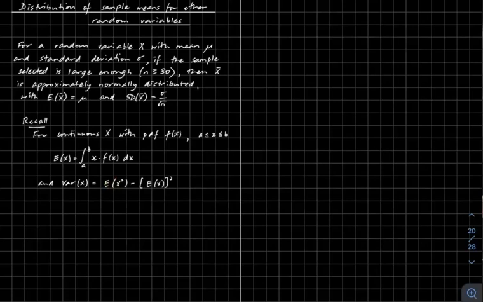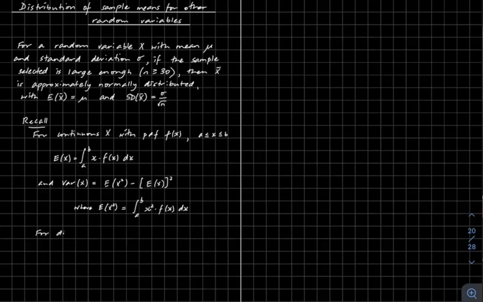And E of x squared is just where we replace x with x squared there. So E of x squared, the expected value of x squared, is just going to be x squared times f of x in the integrand. Okay, that was for continuous.